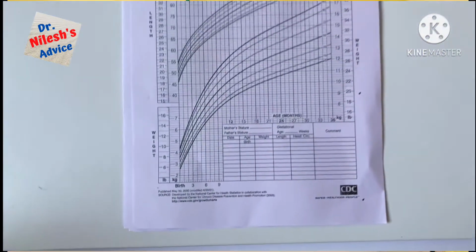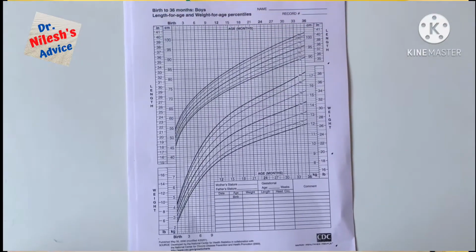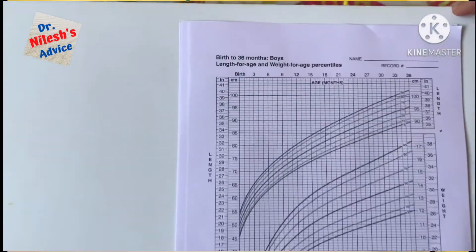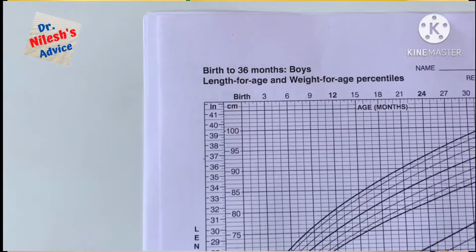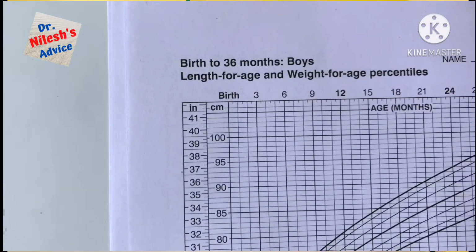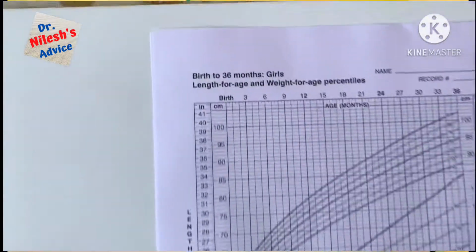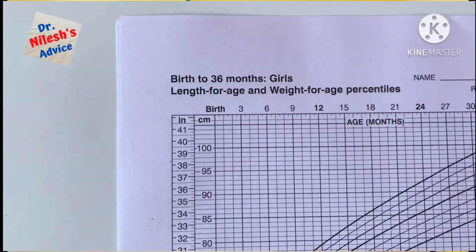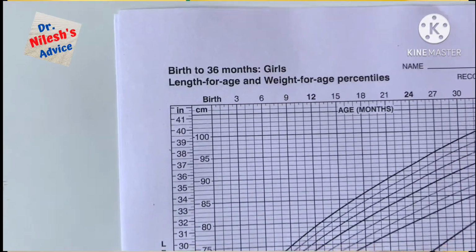All the growth charts are age specific. The one which I am going to show you is the birth to 36 month growth chart. This is for the boys. This one is birth to 36 months for girls.